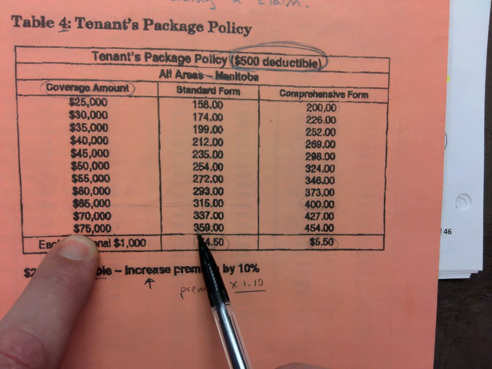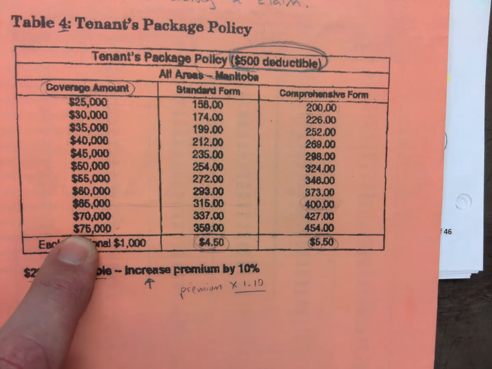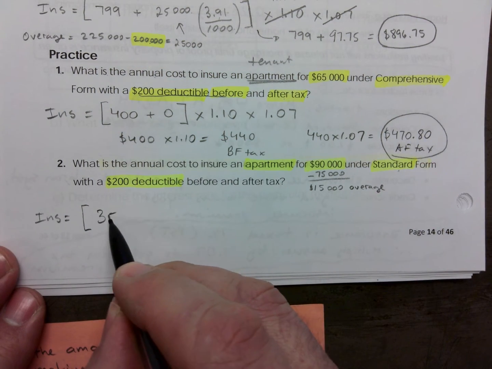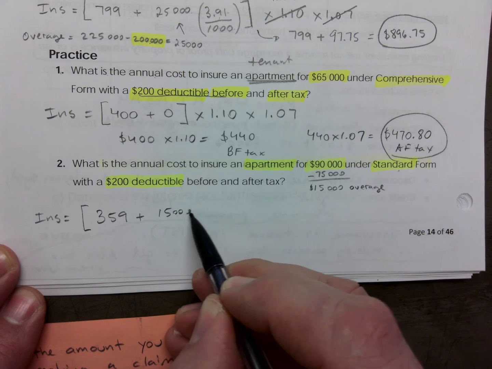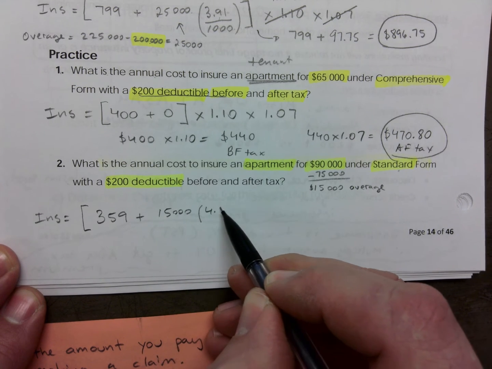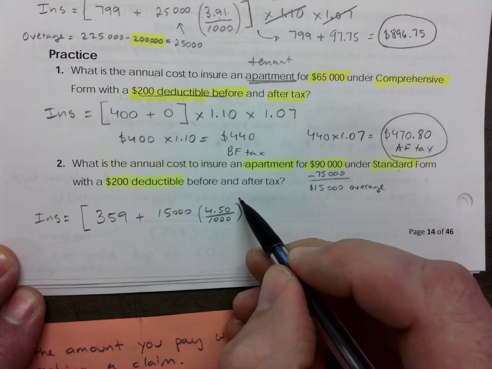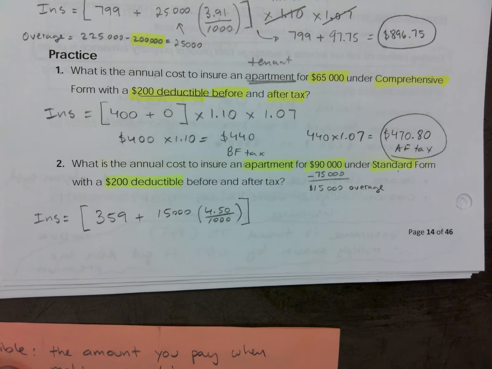So you take that 359 and remember the 450, because that's how much you're going to be paying extra per $1,000. So take the 359 plus $15,000 times 450 over 1,000, and you square bracket that.